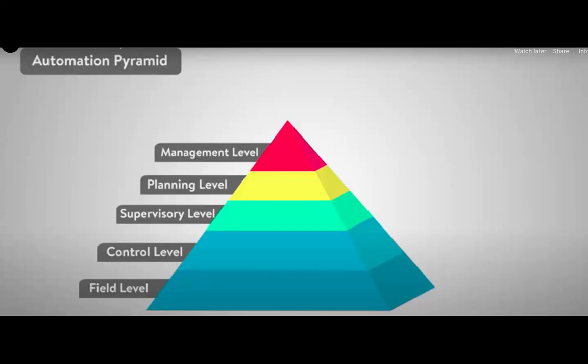The control level uses these devices to control and run the devices in the field level that actually do the physical work. They take in information from all of the sensors, switches or other input devices to make decisions on what output to turn on to complete the programmed task.